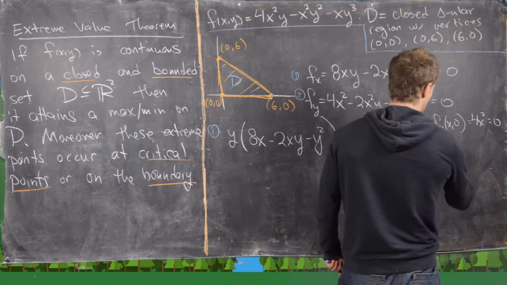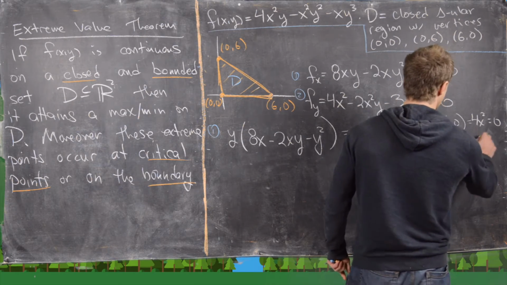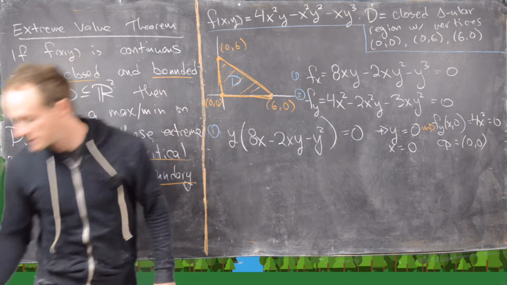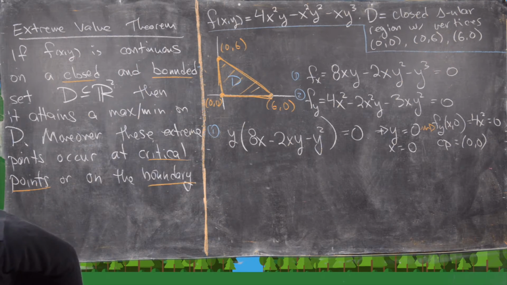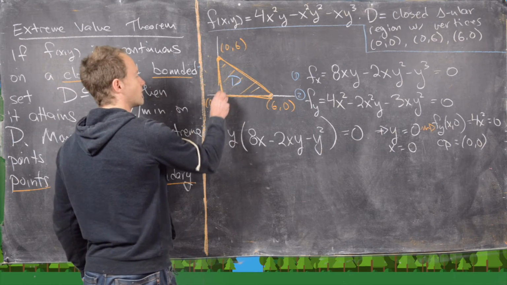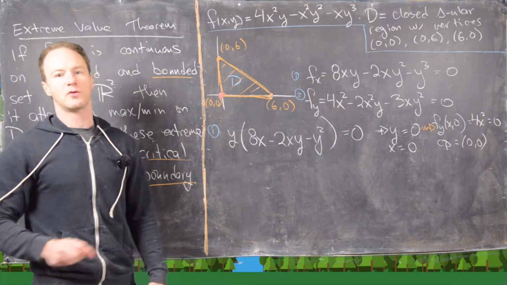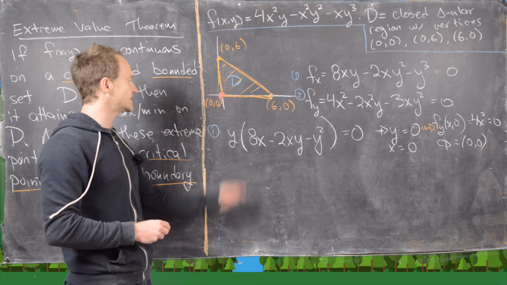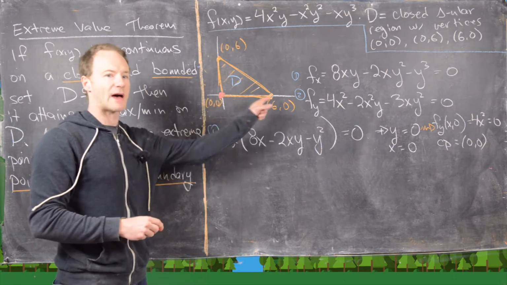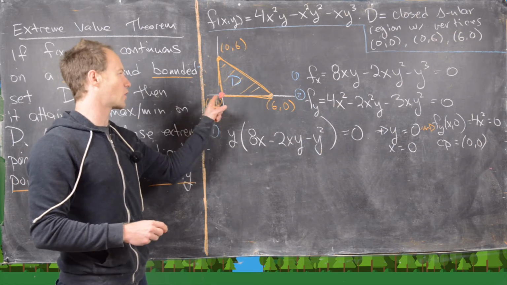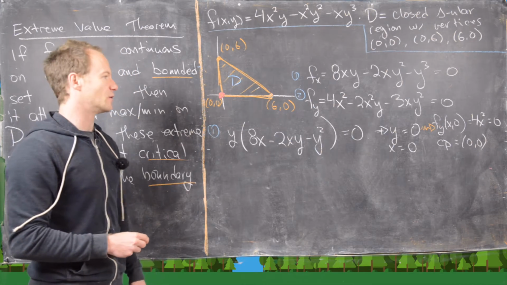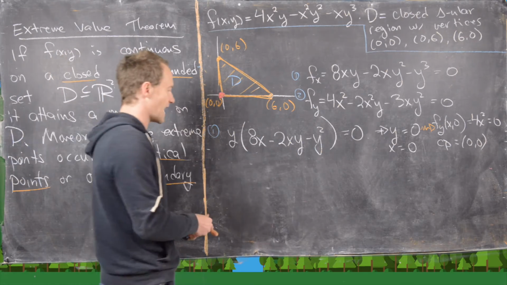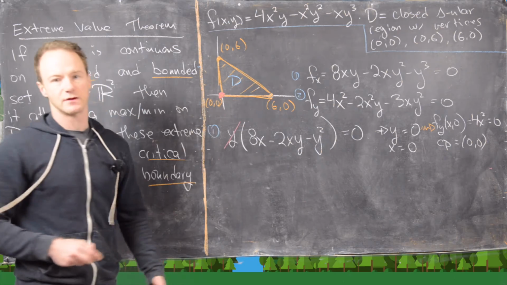That gives us a critical point of (0,0). That doesn't give us any more information, because it's also a point on the boundary, and furthermore a corner of the boundary, so it would have been an important point anyway. Now we've taken care of the case when y = 0.